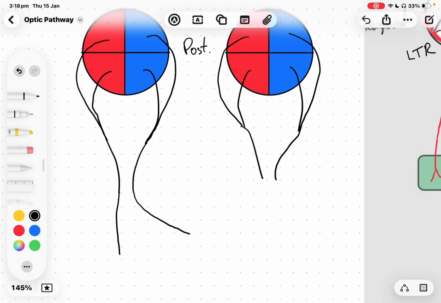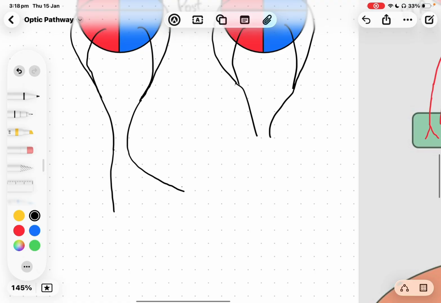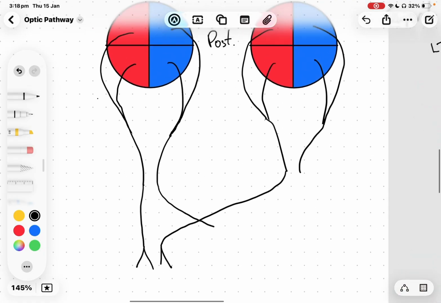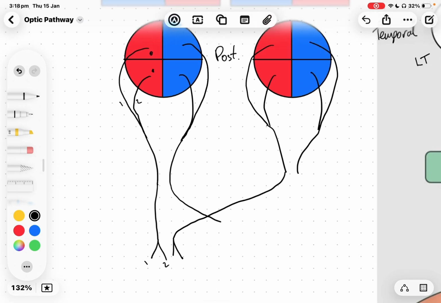This one goes to the LGN. We then have this side come back over here, and then they split up again. So you can see how we have 1 and 2 from the superior and the inferior portions of the retina, and then once again they split off again like this.